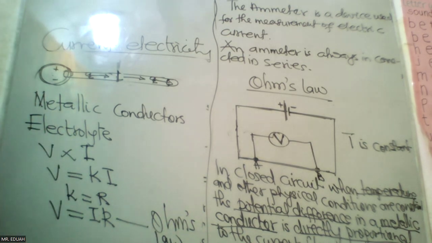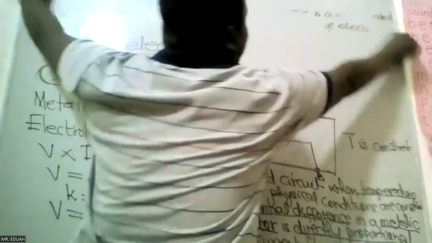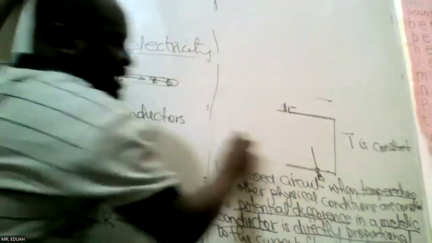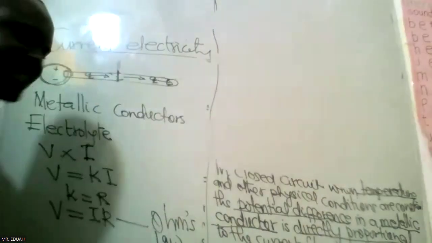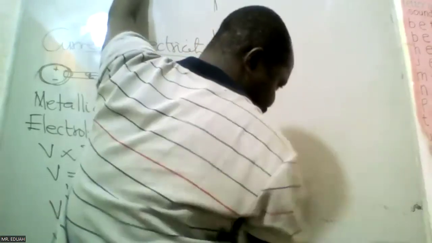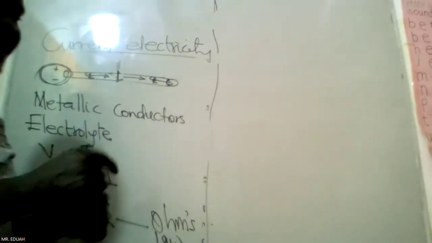In fact, if materials obey Ohm's law, then the potential difference across any section of the material must be directly proportional to the current flow. And these materials that obey Ohm's law are known as ohmic conductors.